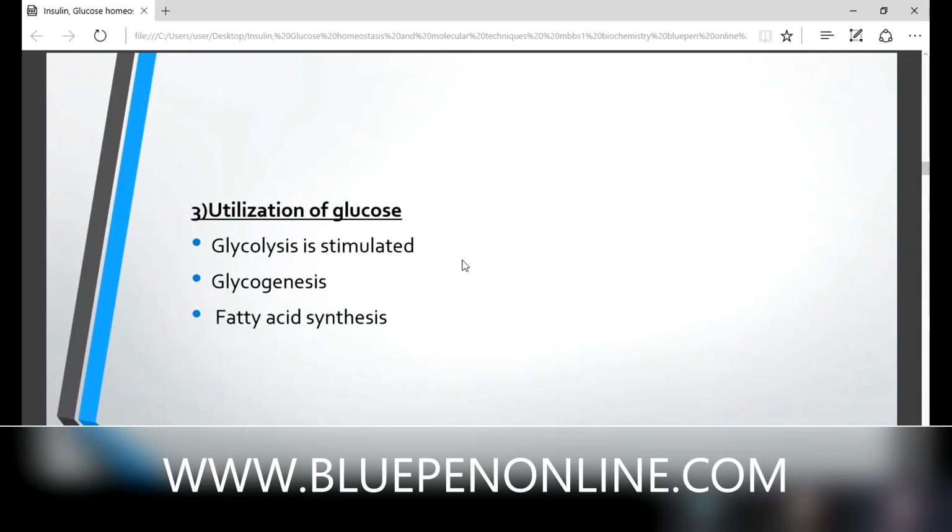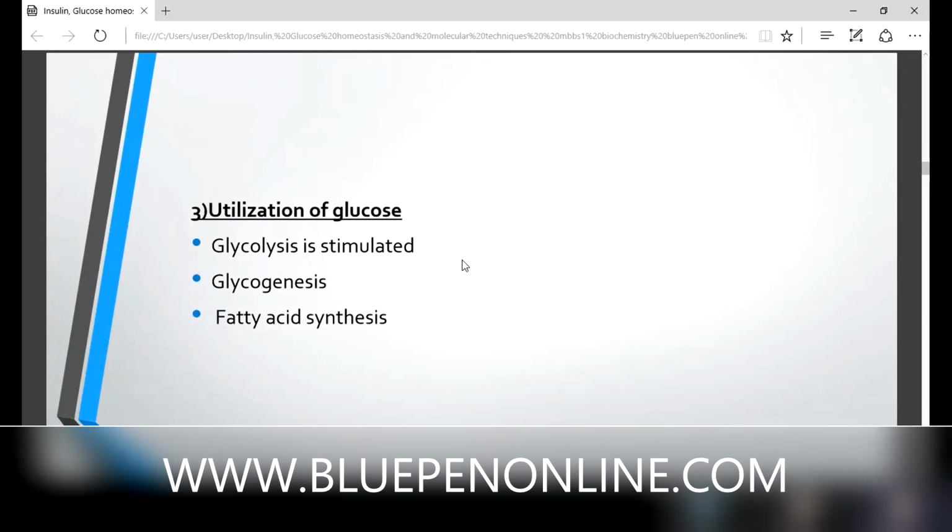Glycogen synthesis is known as glycogenesis. If an excess amount of glucose is there, glucose is converted to glycogen. Through this process glycogen is there. You remember everything, but there is a connection problem.